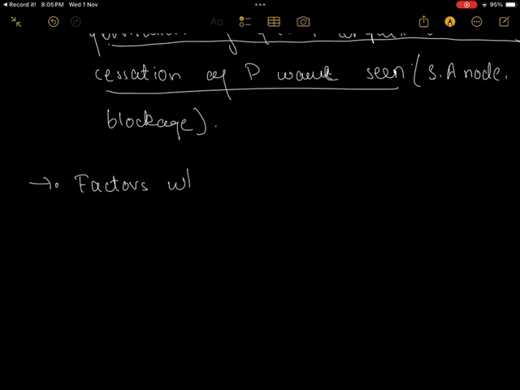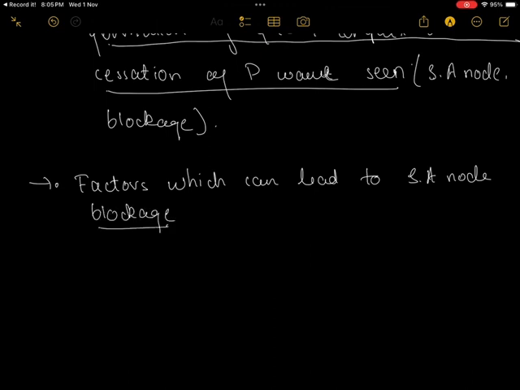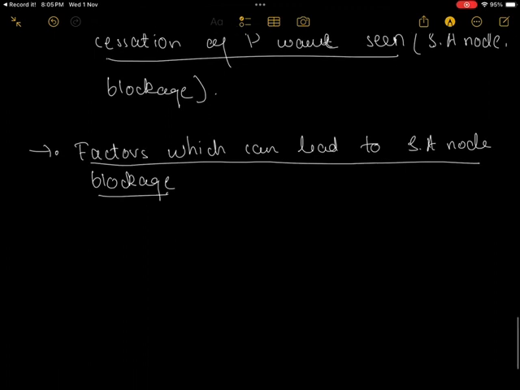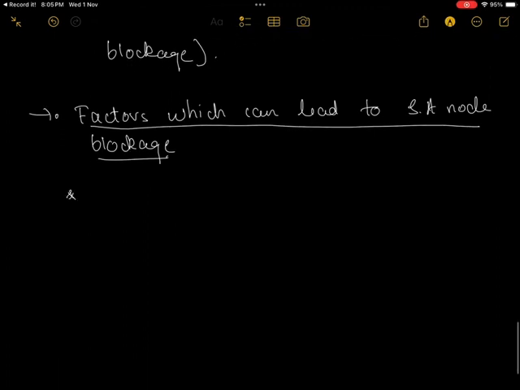Factors which can lead to sinoatrial blockage. The first factor is if there is any myocardial ischemic infection seen in the sinoatrial node.